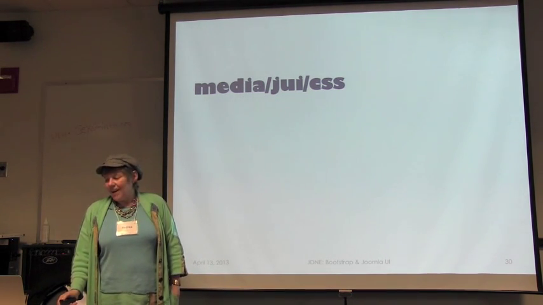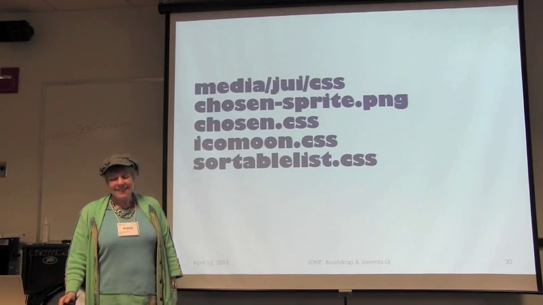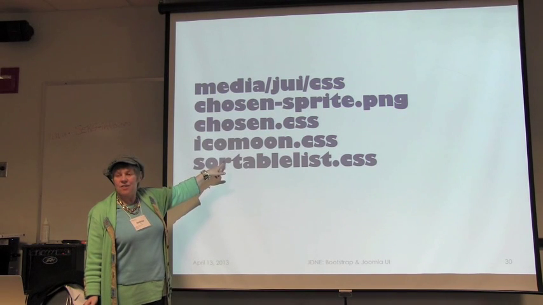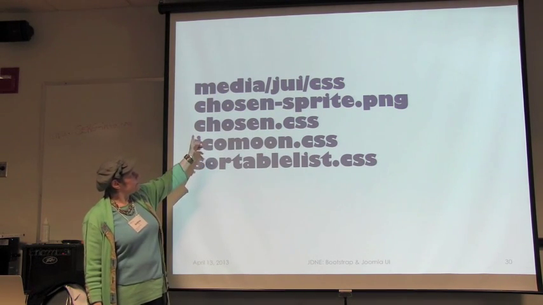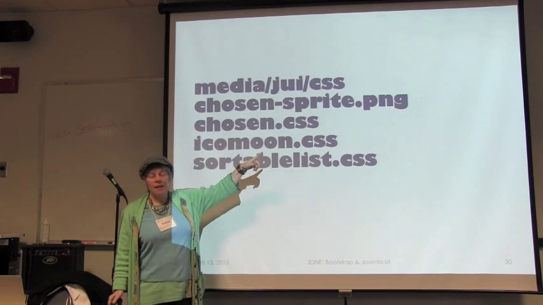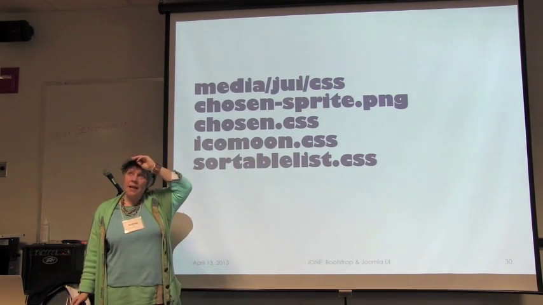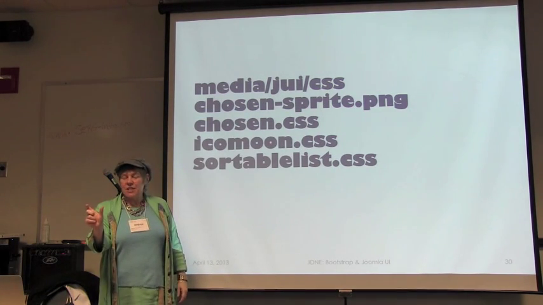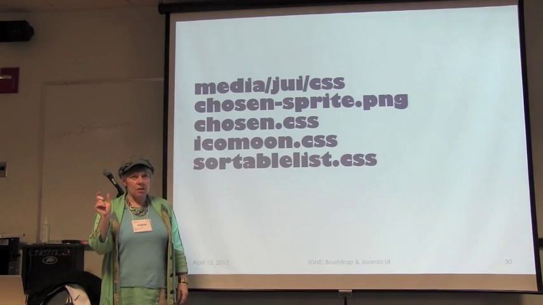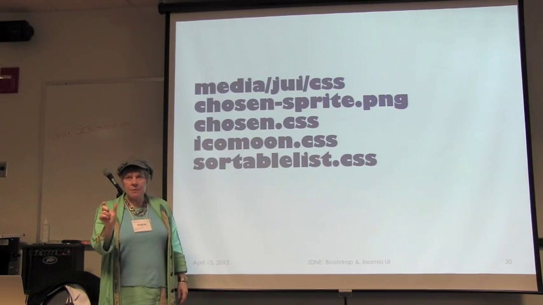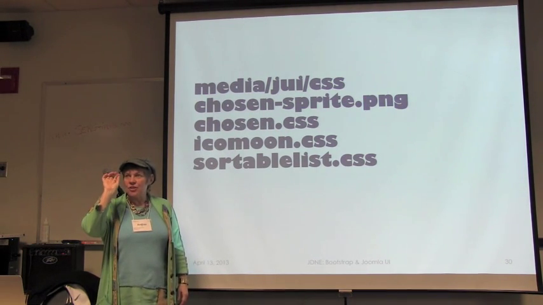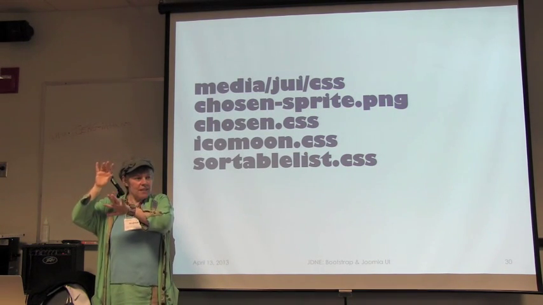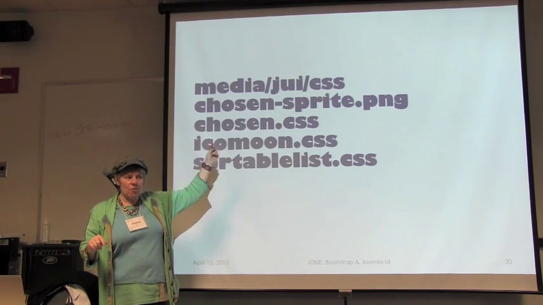Okay. So also it's got these files, and these are all ones that are specific to Joomla. The chosen sprite and chosen are, if you've been in the Joomla backend, and again I'm talking 3, where you're picking the positions in the module, and you start typing something and it brings up the drop down that shows your choices, that is chosen.